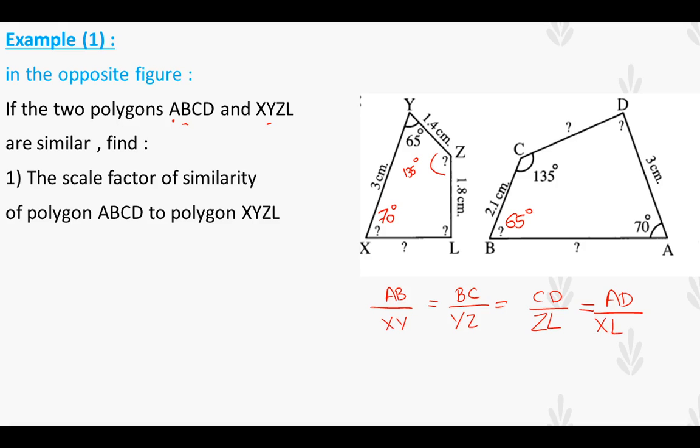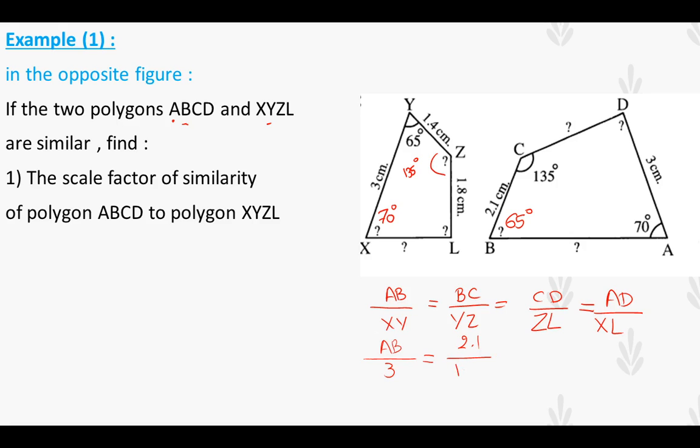Now you can write the corresponding ratio. AB, we don't know the length of AB, so we write AB over XY, XY equals 3 centimeters, equals BC, which is 2.1, over YZ.